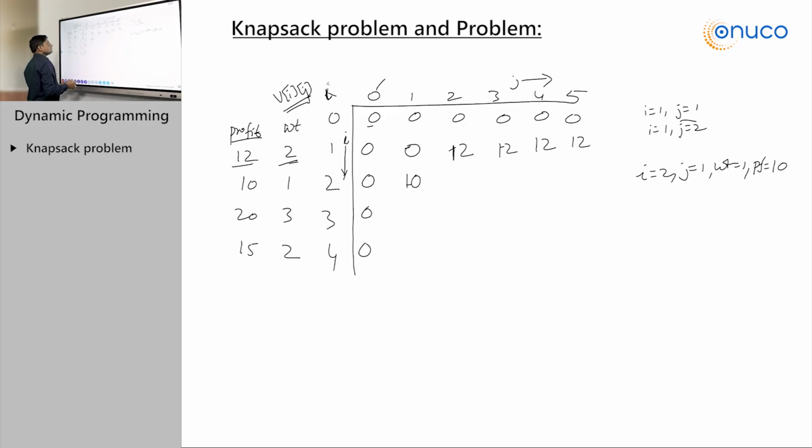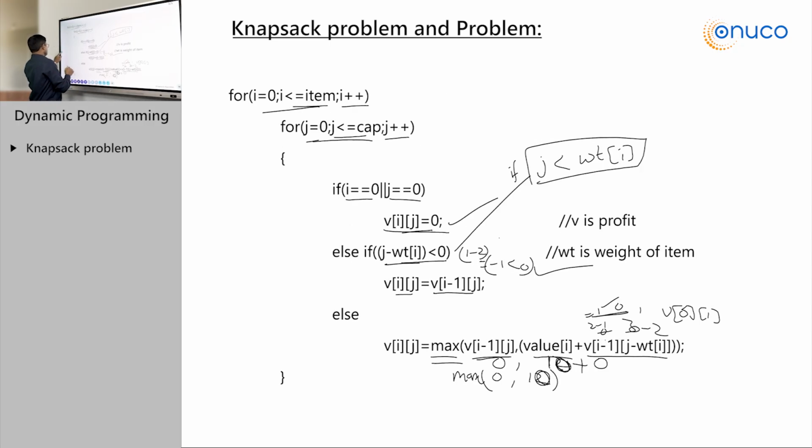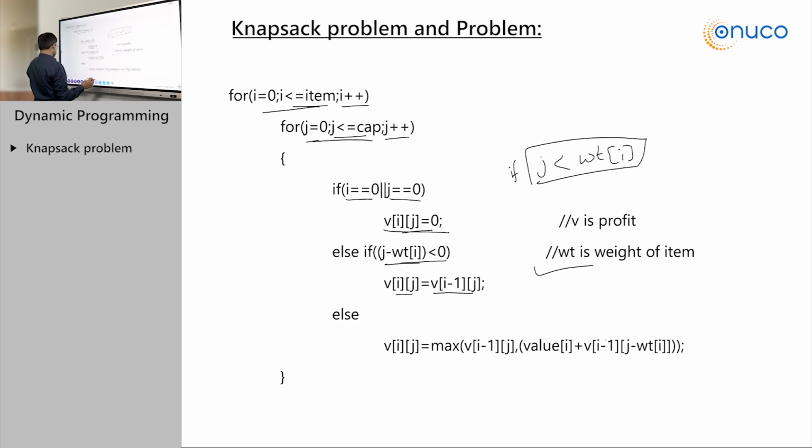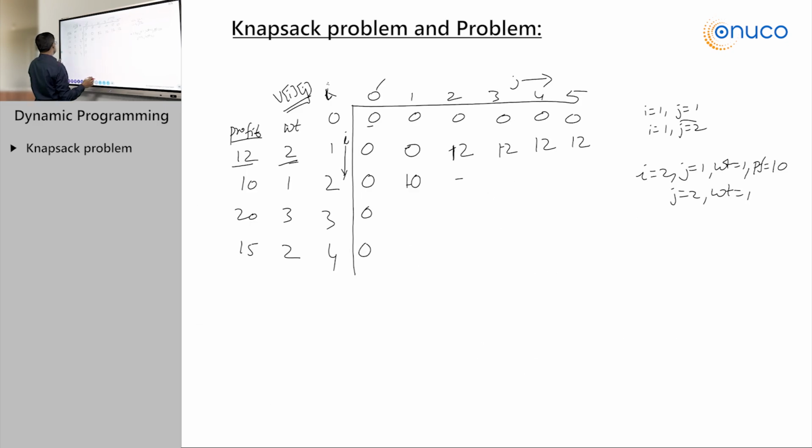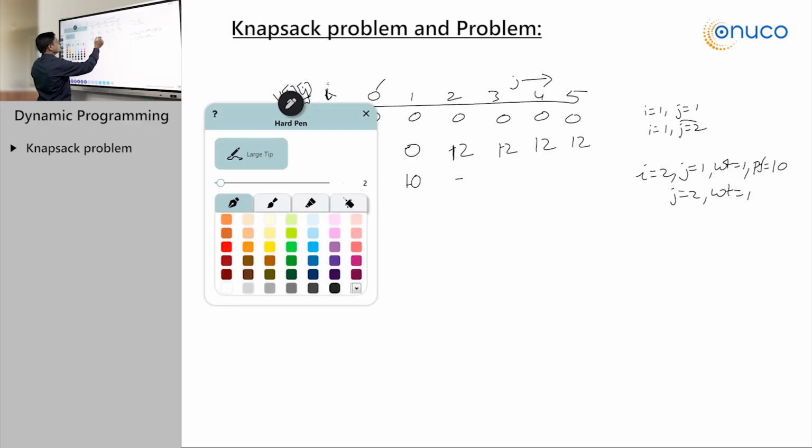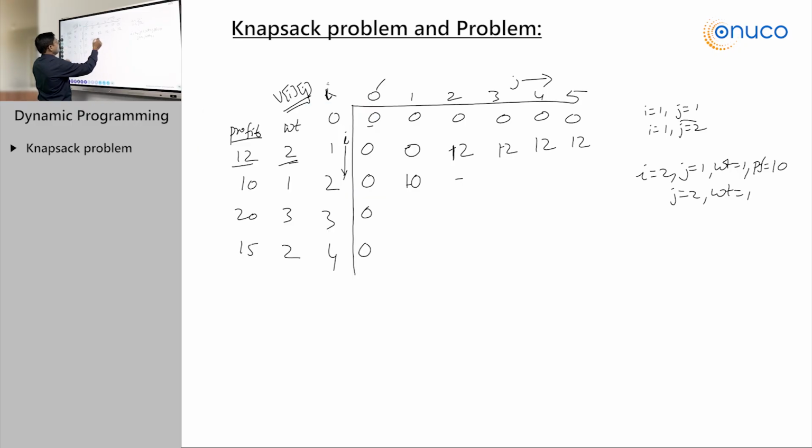Similarly, this is the position of 2, 1. Here j is 2, and the weight is 1. So again it will go in the else part. Item is 2, weight is 1.